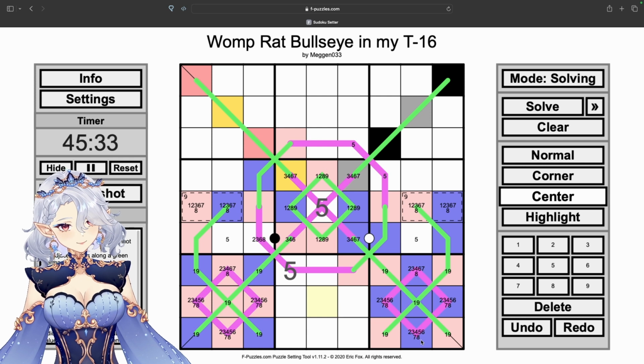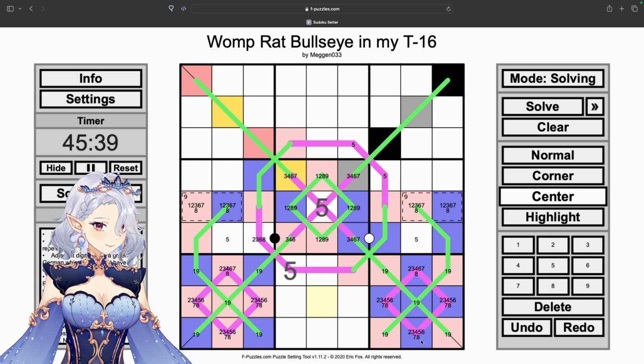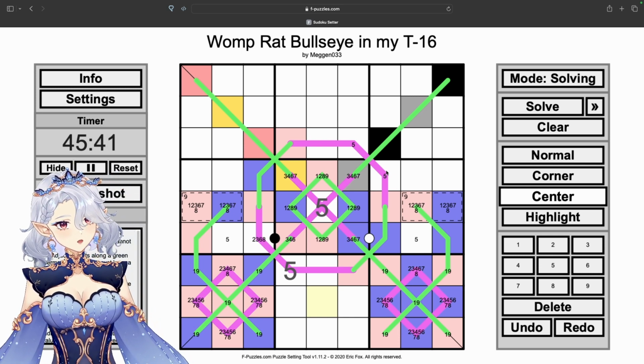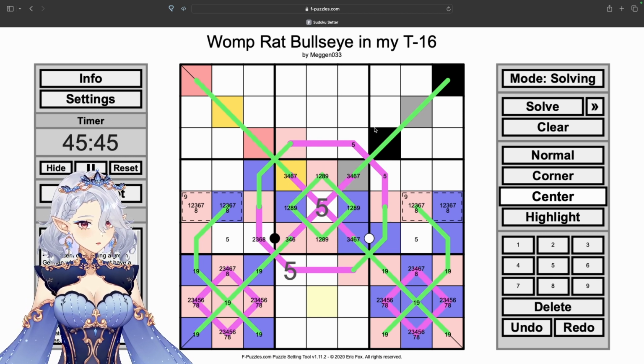What else can I know? Can I know something else? I mean, if the 5 would be in here, we could see this one, so then we would know that it's here.